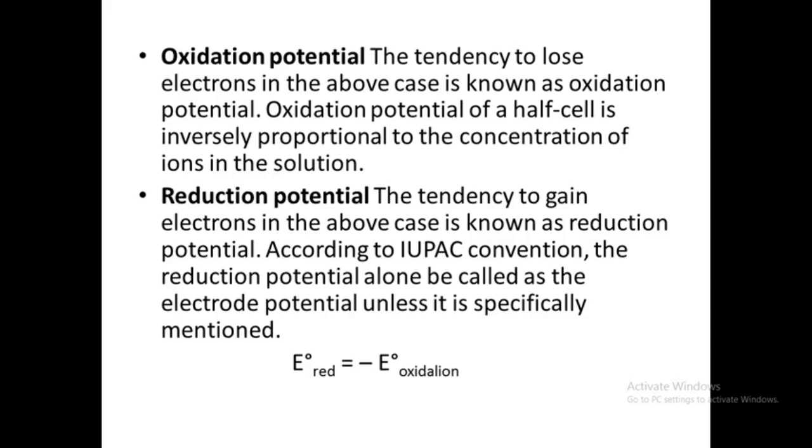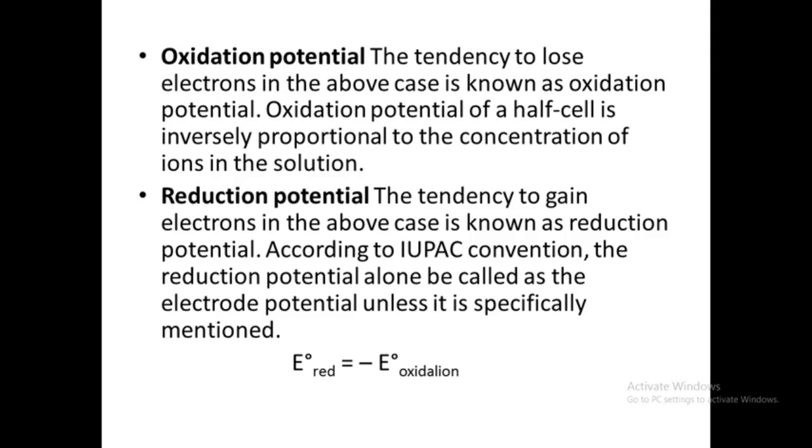And we have seen that in case of the copper electrode, reduction is occurring. That means the tendency to gain electrons in the above case is known as reduction potential, and according to IUPAC, the reduction potential is called the electrode potential.